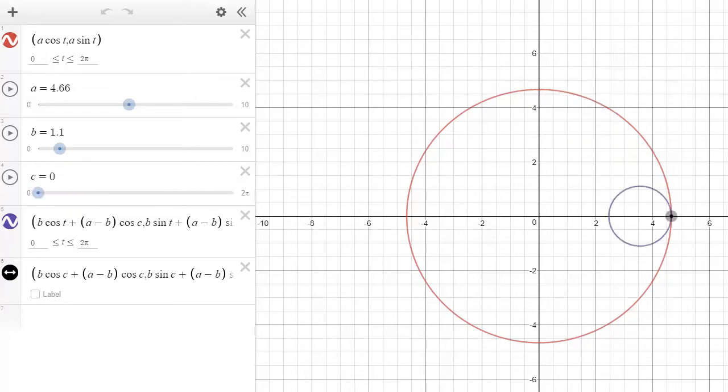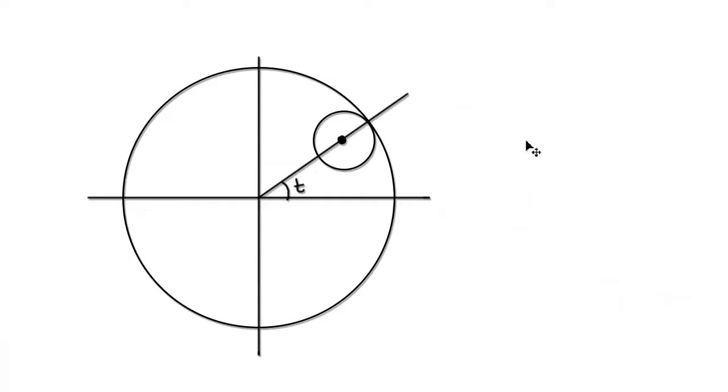So going back to here, right from the start, the particle would be right here. By the time it gets to an angle of t, the particle would be somewhere around here.